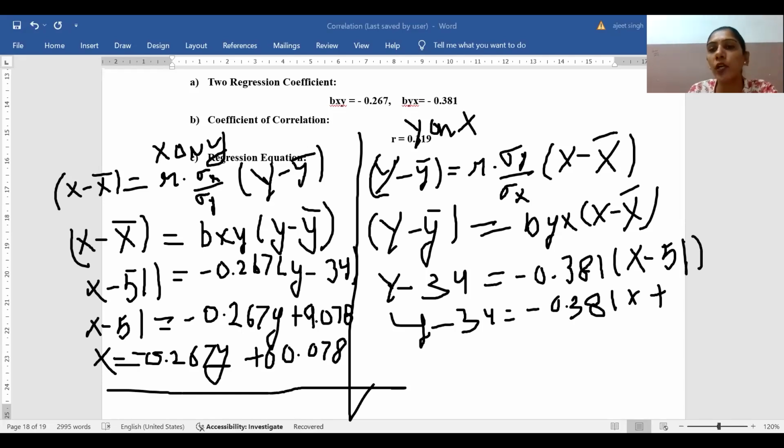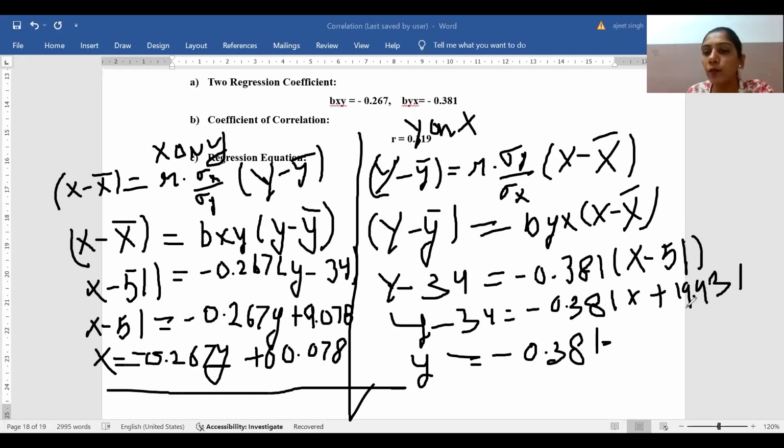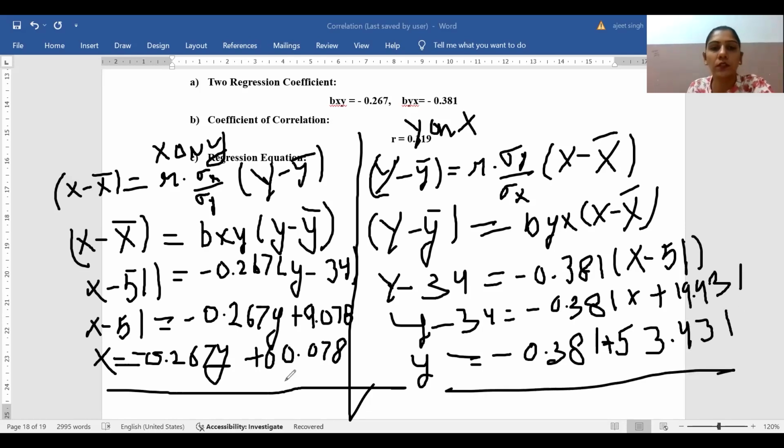The answer is 19.431. So y is equal to minus 0.381x, and now we have to add this 34 to 19.431, which is 53.431. So this is the equation of x and this is the equation of y.